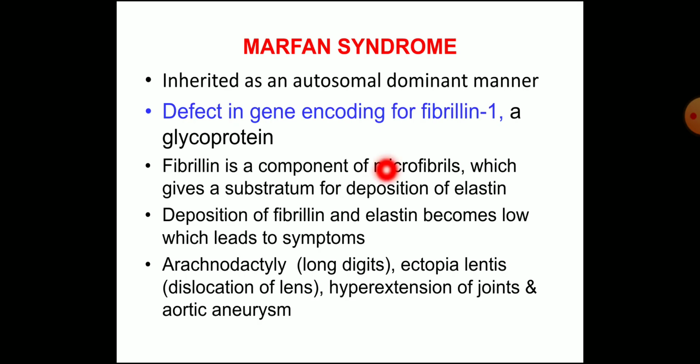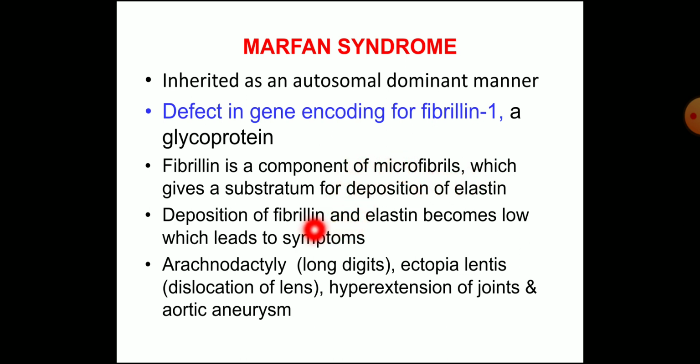So Marfan syndrome is inherited in an autosomal dominant manner. The defect is in the gene encoding fibrillin 1. It's a glycoprotein. Fibrillin is a component of microfibrils, which gives a substratum for the deposition of elastin. So when this substratum is not there, elastin cannot be deposited, and that leads to defective function.